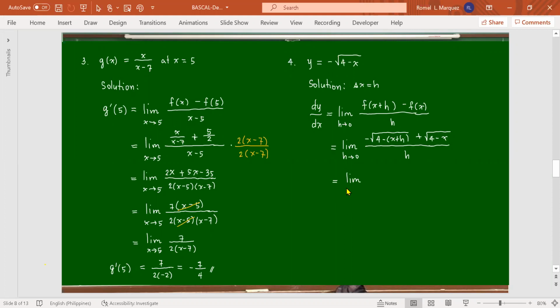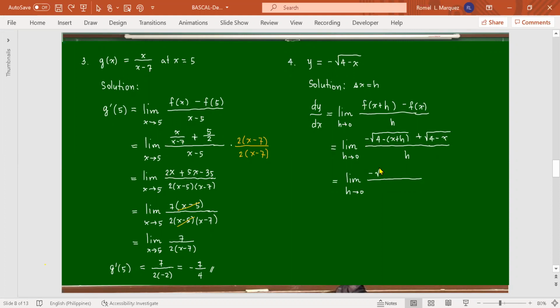Limit. Be patient, ha? Because a solution like this is really long, no? Don't worry, next time we'll have a shortcut. So we copy this and then we're going to multiply by the conjugate to simplify the numerator, no? Because our goal is to get rid of the terms without h.